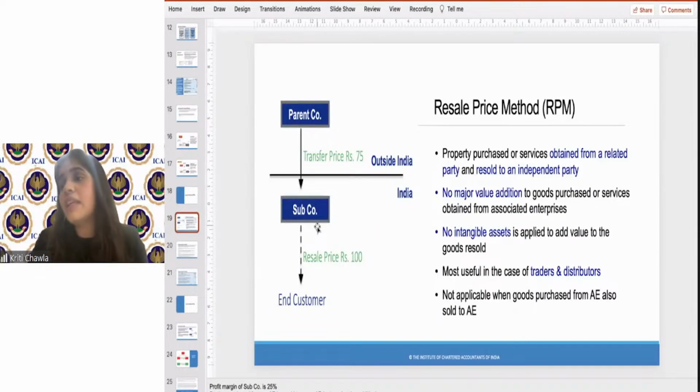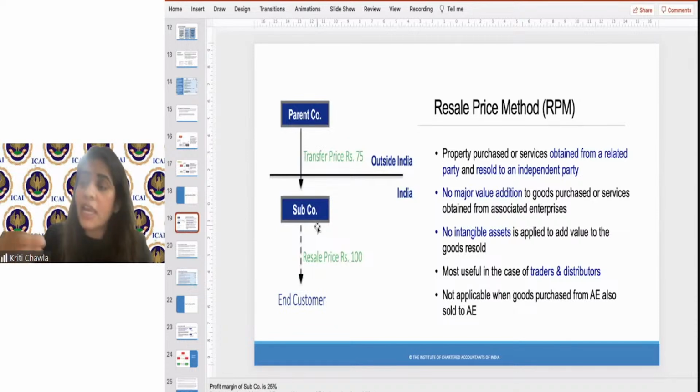So you can look at any random independent enterprise in the industry who is also getting the products delivered from USA and then distributing it to India. If you feel that they are also earning 25 rupees, then your party is at arm's length price. So if I am able to substantiate that there's another subsidiary company and they are also making a margin of 25 rupees, well, then I can say that I am at ALP.